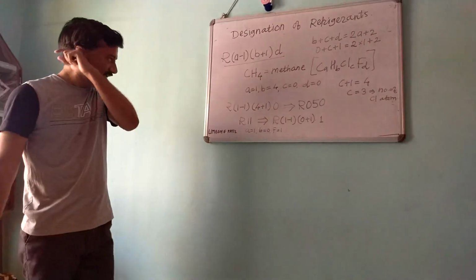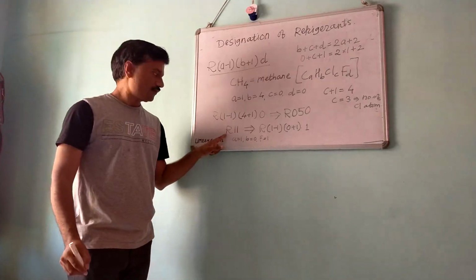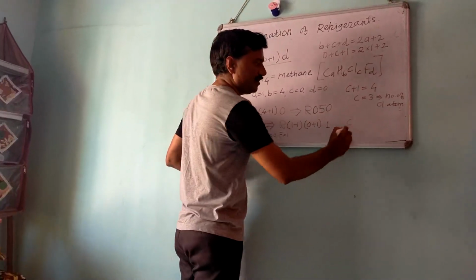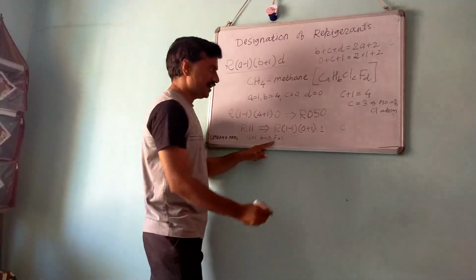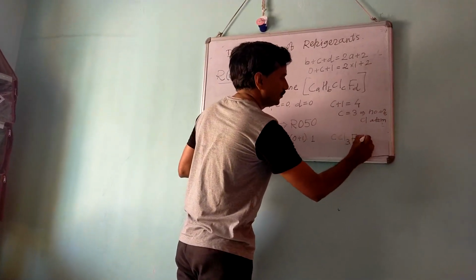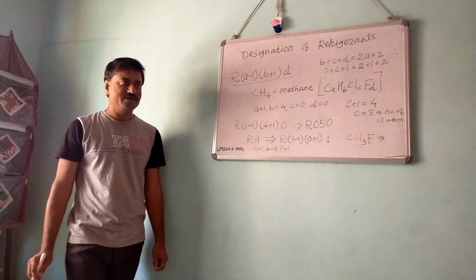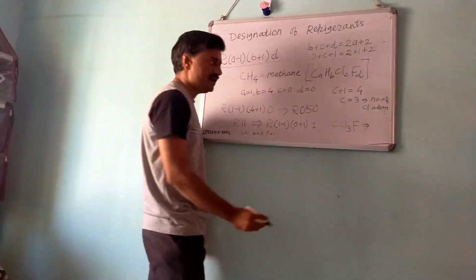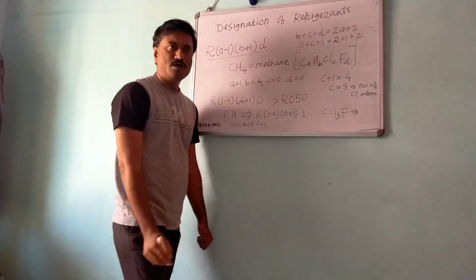Now we can write the chemical formula for this given refrigerant. It will have 1 carbon, there is no hydrogen, there are 3 chlorine atoms and fluorine. So the chemical formula for this R11 refrigerant is CCl3F, and the chemical name is trichlorofluoromethane.